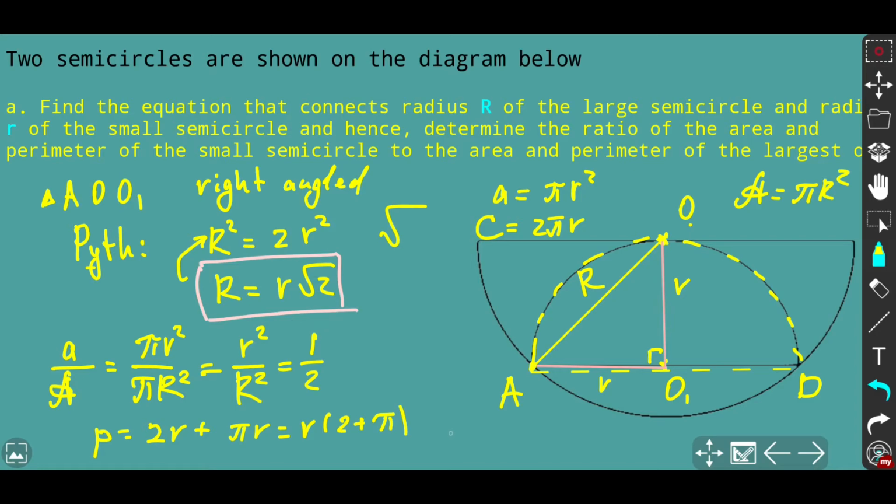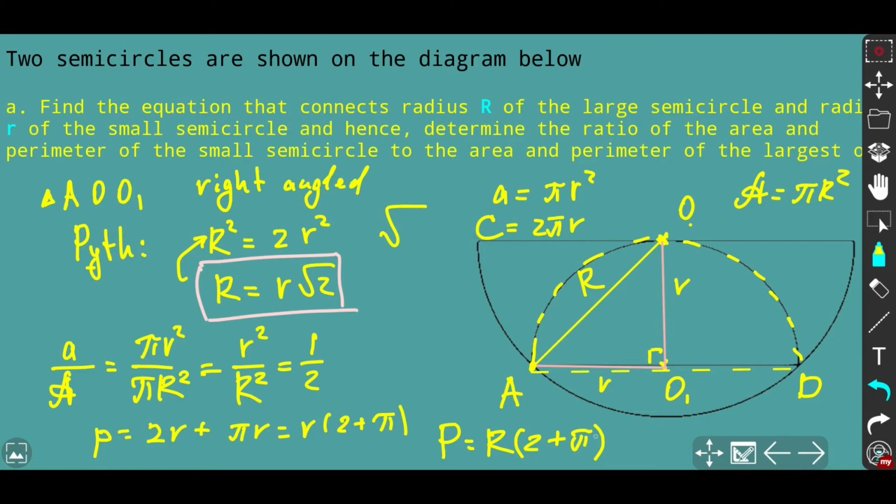And in the same way, if you're concerned about the perimeter of the large semicircle, which is here, you can just change the small radius into the big one, and that's how you arrange the perimeter for the large semicircle. All right, so what we need to do is take the ratio, and obviously 2 plus pi and 2 plus pi is the same coefficient.